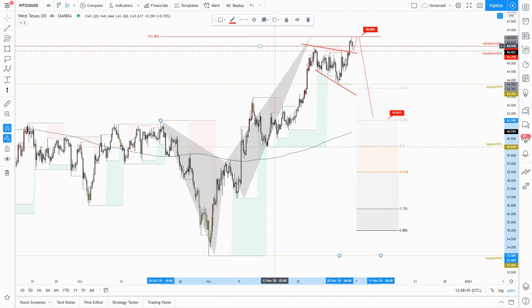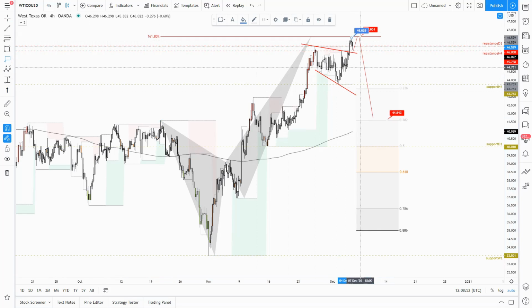So we have that crab pattern projected above, and the market has already found some pressure at 46.52. We have the pattern just 8 points above the most recent high. So that means we are approaching that bearish crab pattern completion point for the crude oil.